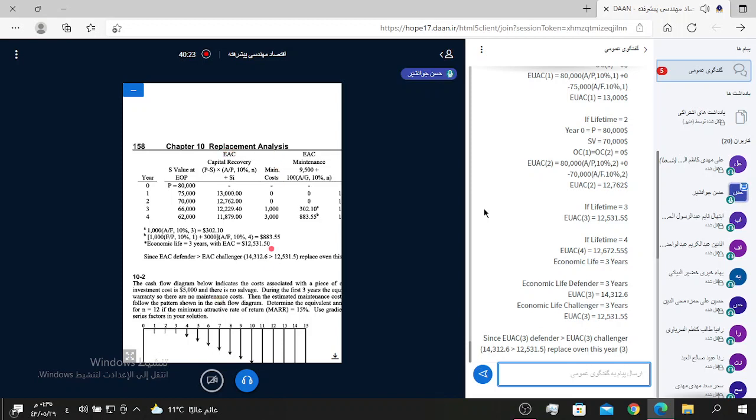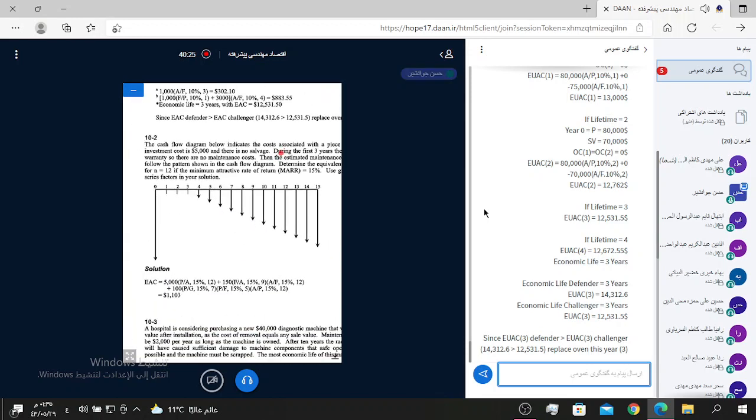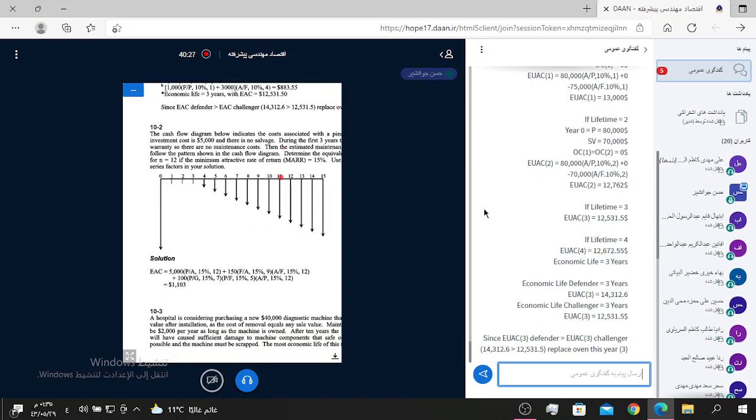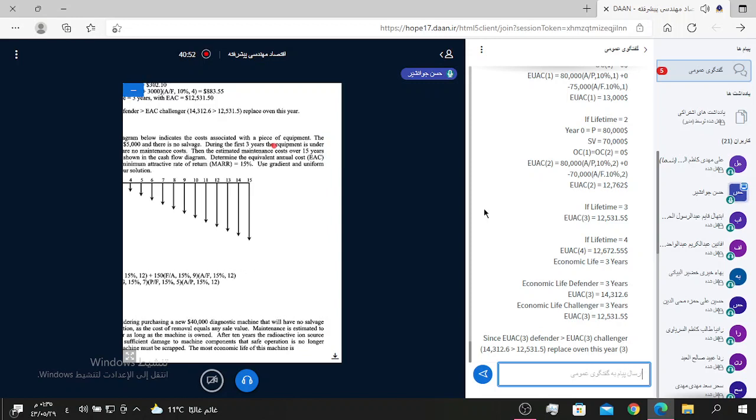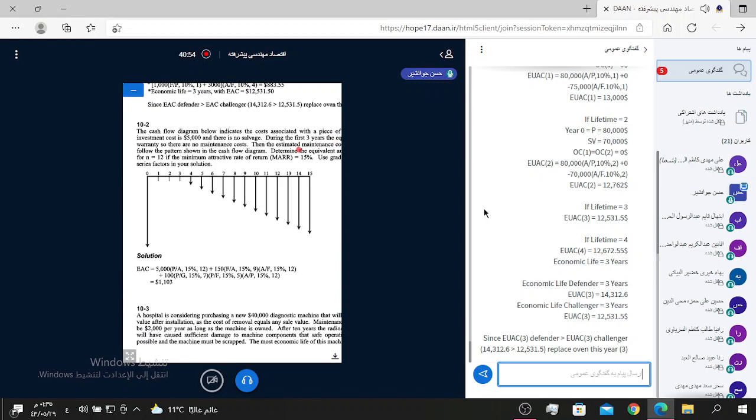Replacement analysis. A new example. In this example, we must find UAC for this cash flow. The cash flow diagram below indicates the costs associated with a piece of equipment.